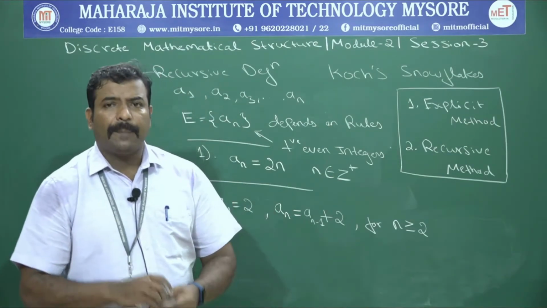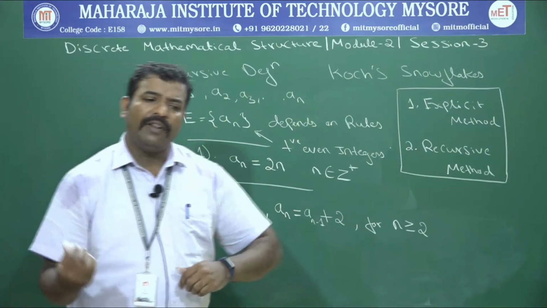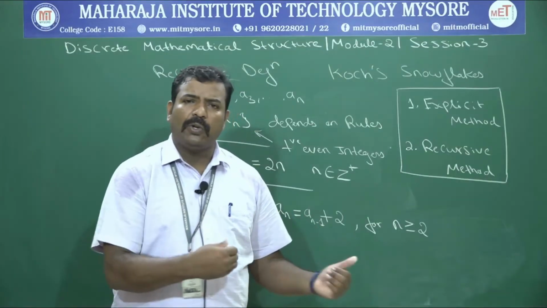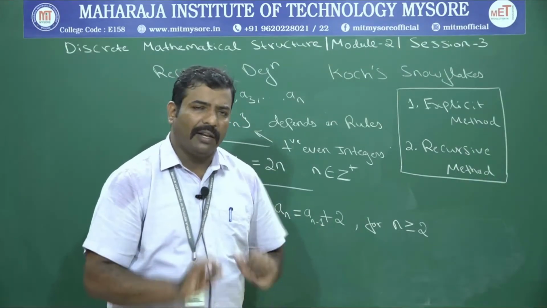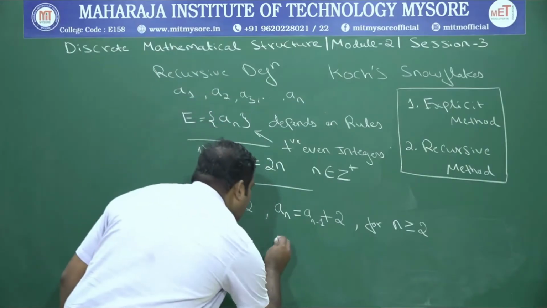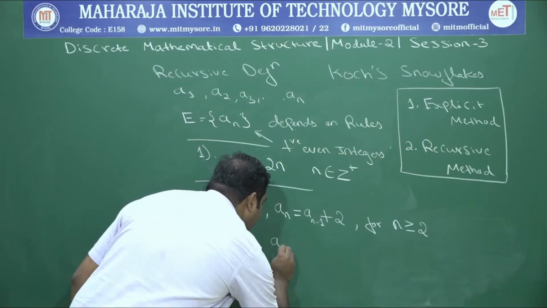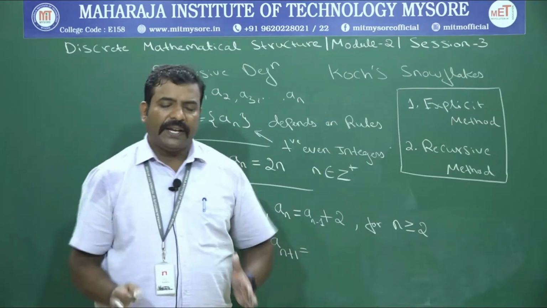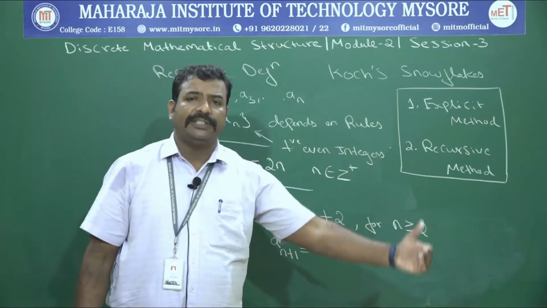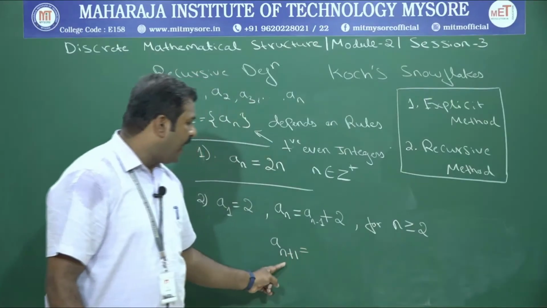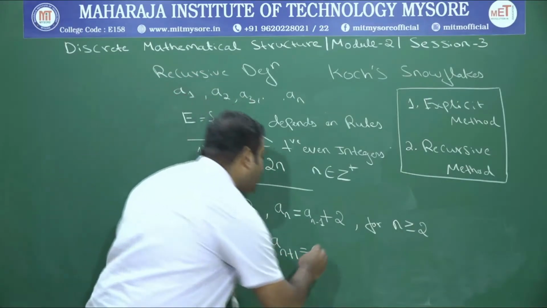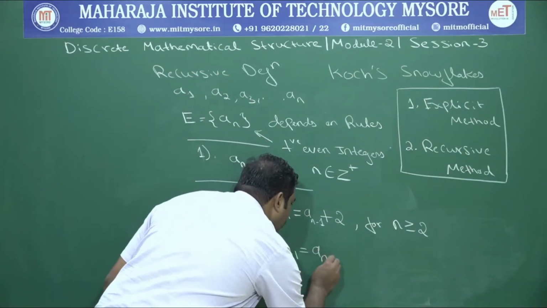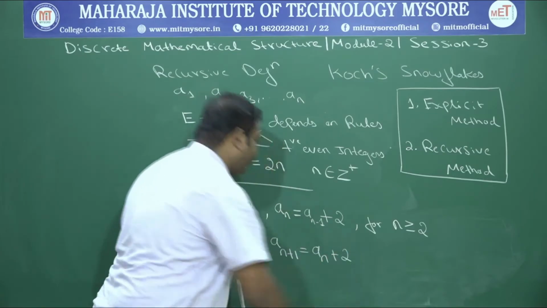Now, being at the previous element, if I want to compute what the next element is going to be, in that case, I can represent this as a_(n+1). That is, being at the current, I am trying to find the next element. In that case, a_(n+1) equals a_n plus 2, so this should be a_n plus 2.